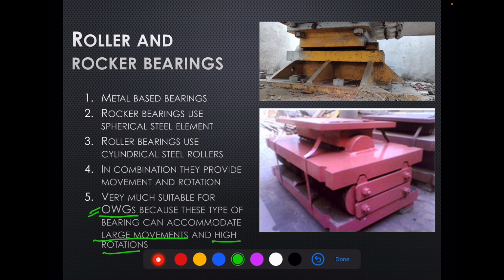So far, this roller and rocker type arrangement for bearings has served very well in the railway transportation system. These are by far the most popular arrangement for open web girders.